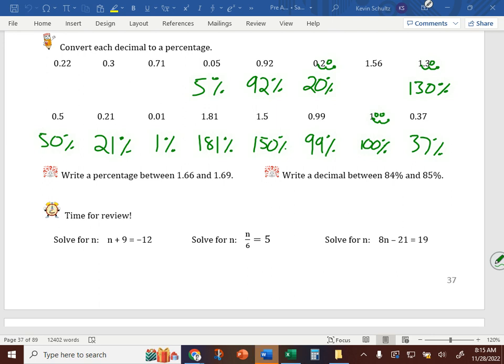Write a percentage between 1.66 and 1.69. What'd you come up with? A percentage between 1.66 and 1.69. Anthony, what'd you get? I got 1.67. So that would be a decimal between 1.66 and 1.69. What would the percentage value of that decimal be?